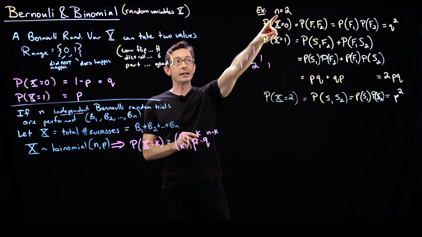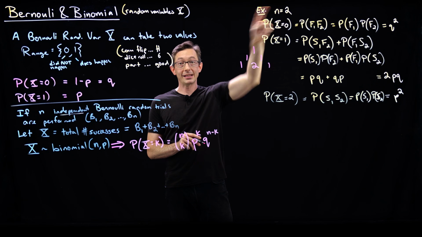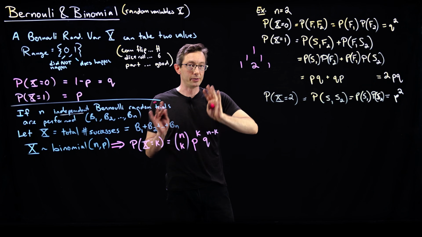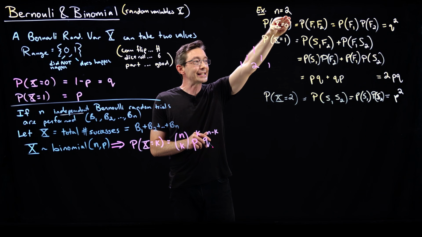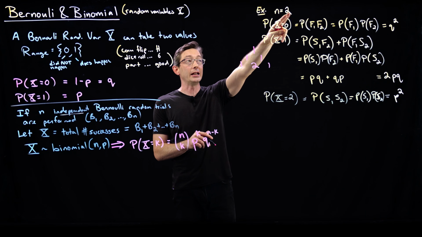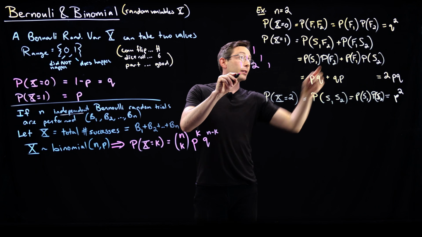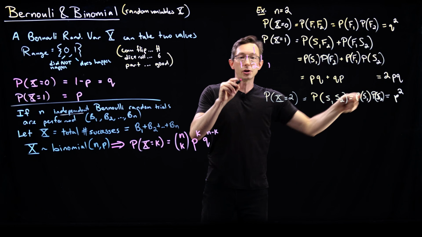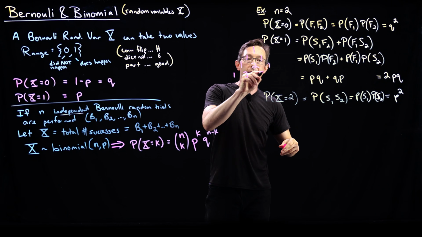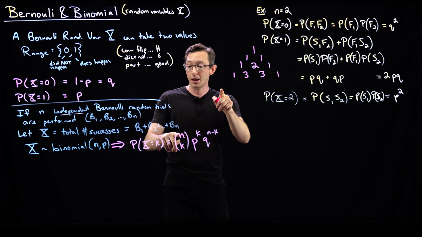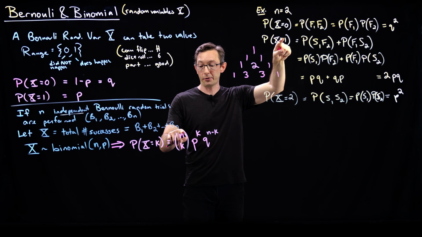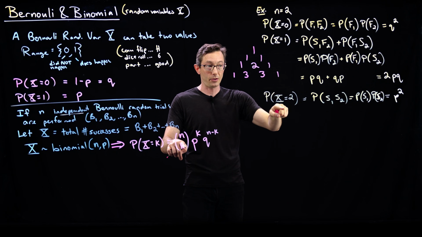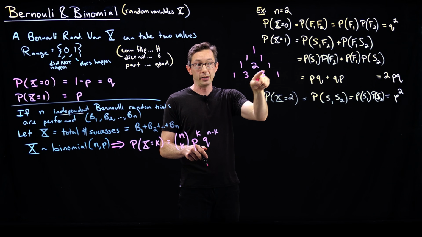If I wanted to do an example where n equals 3, this is actually a homework problem, so you should pause the video and do this, or do this after the video. Do this same exact procedure for n equals 3, and the coefficients will be, again, the coefficients from Pascal's triangle. 3 choose 0, 3 choose 1, 3 choose 2, 3 choose 3 are going to be 1, 3, 3, 1.